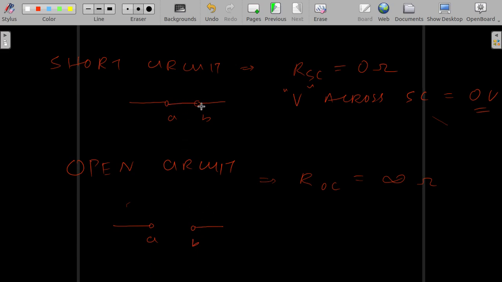That is, here it is a closed path. There is a path there without any resistance. But here there is not even a path. Therefore, no matter how much voltage you give, there won't be any current. So our open circuit resistance is equal to infinity, and the current through an open circuit is equal to 0 ampere.